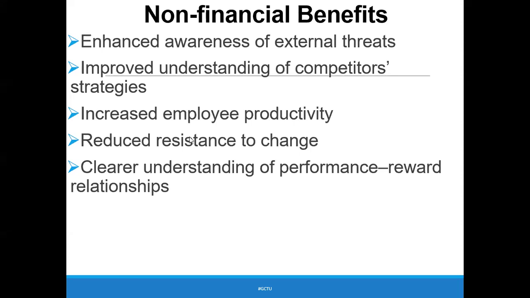Now, when we say improved understanding of competitors, of the strategies of competitors, what does that mean? So here we are saying that through strategic management, specifically through strategic analysis, an organization can gain insights into their competitors' strengths and weaknesses, and the strategies that their competitors may be using in the market.